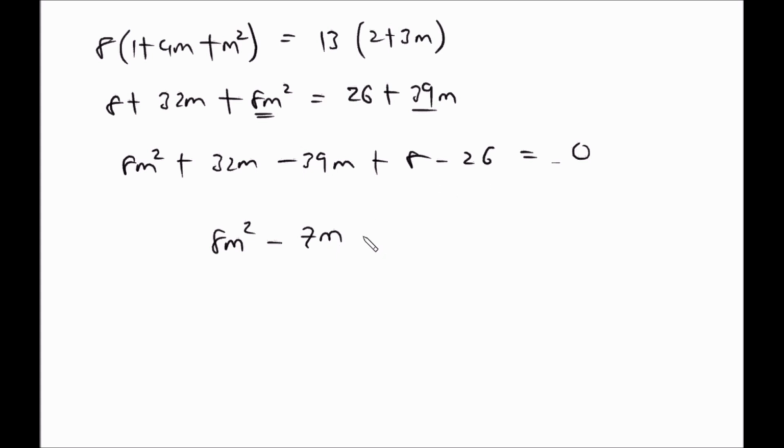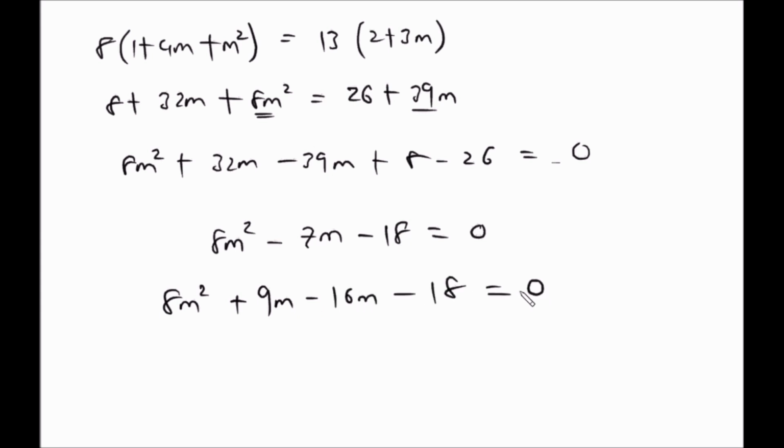And then hapa itakuwa ni minus 18 sawa na 0. So if I split the middle term now, itakuwa 8m squared plus 9m minus 16m minus 18 sawa na 0. So 9 minus 16 ni negative 7. So now unaweza ukatoa nje m, kwa hiyo nitabaki na 8m plus 9.